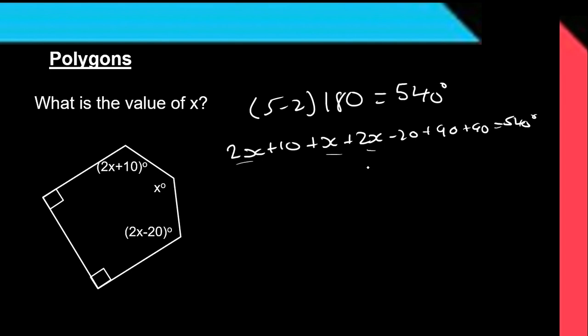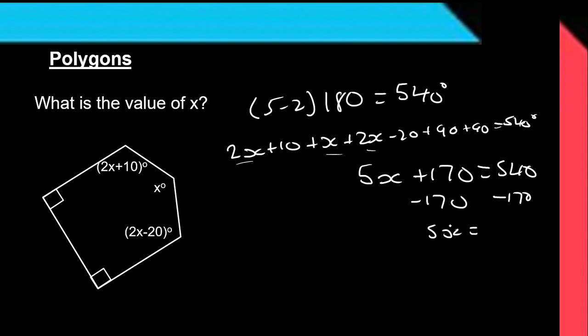So if I simplify it, I'm going to have 5x, and if I simplify the numbers, I'm going to have 170 equals 540 degrees. So minus 170 from both sides, we will get 5x equals 370. Divide both sides by 5, and x equals 74. And in this case, it's going to be degrees, which is one of the angles. If I needed to work out the other 2 angles, I would just substitute in 74 into both expressions.